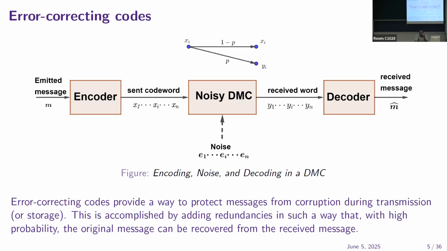When you send the code word into the noisy channel, which is a discrete memoryless symmetric channel, the received word can be corrected.